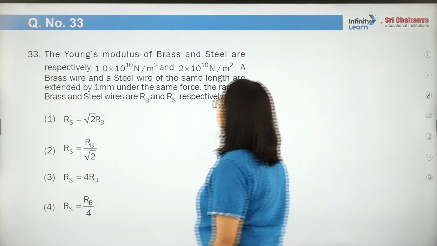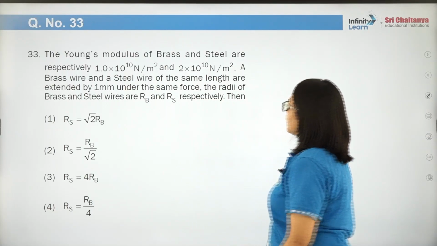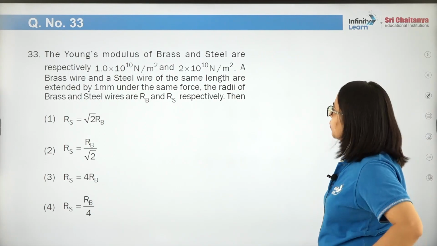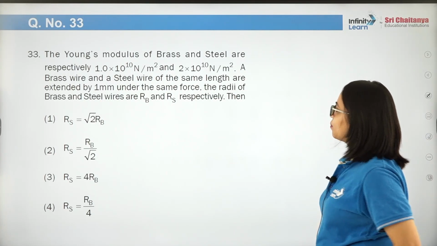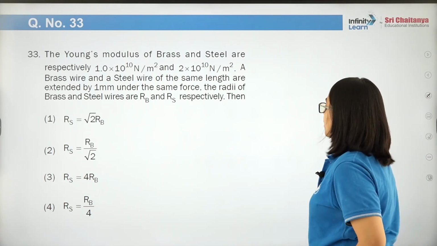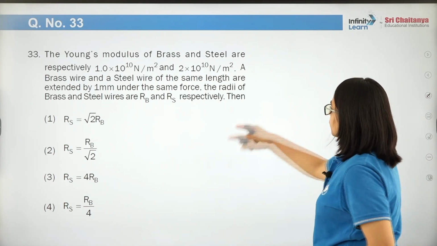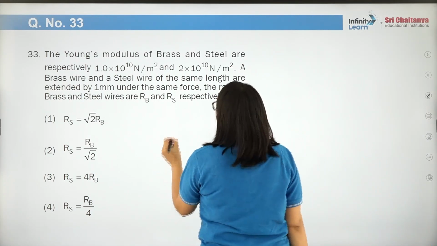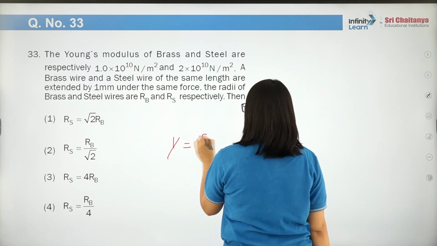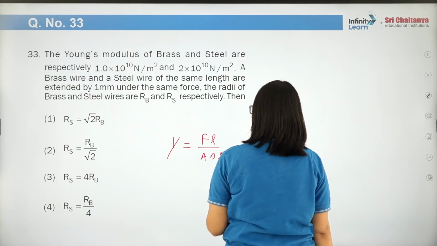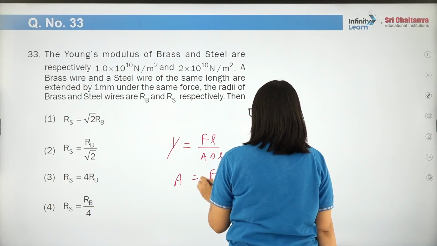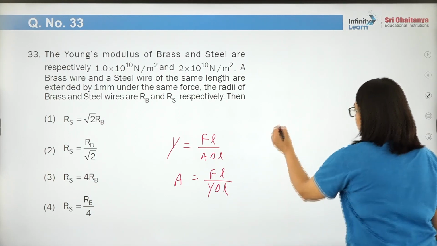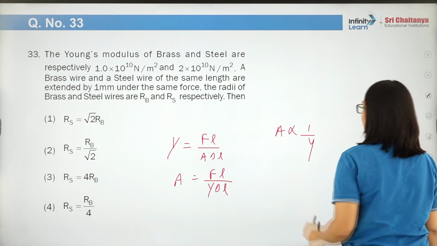Question number 33. The Young's modulus of brass and steel are this and this respectively. We have same length of the wire and are extended by the same amount under the same force. Then radii of brass and steel wires are RB and RS respectively. Then which of the following option is correct? Right. So in this case, we know that Young's modulus is FL upon A delta L. So A is FL upon Y delta L. Now F, L, delta L all are same, so area of cross section is inversely proportional to Young's modulus.